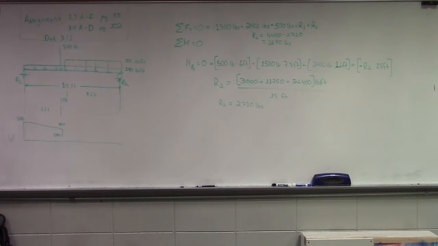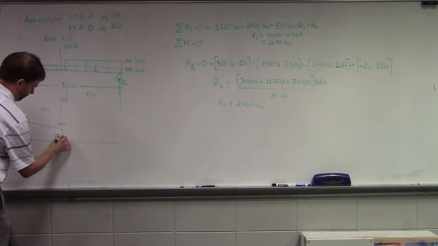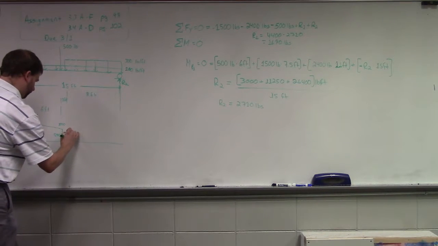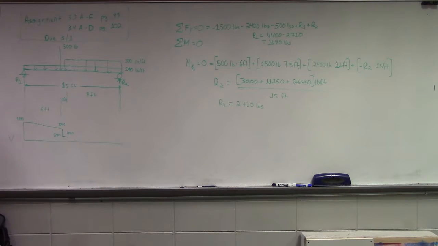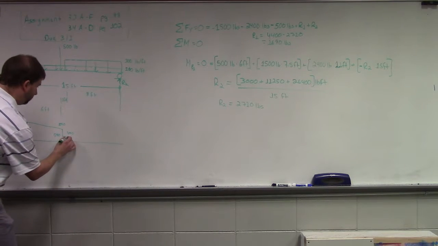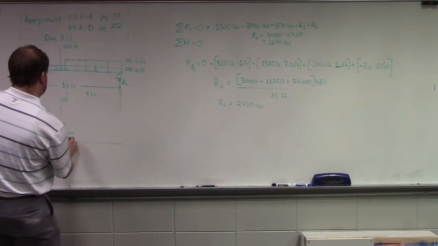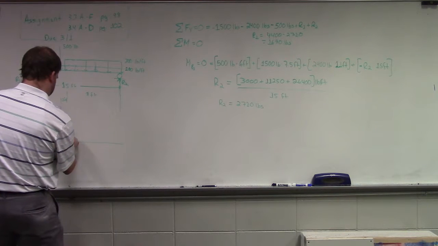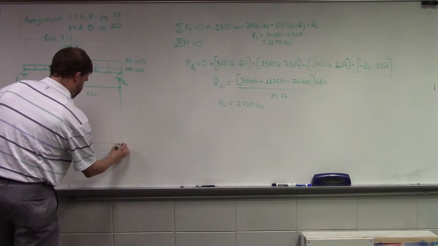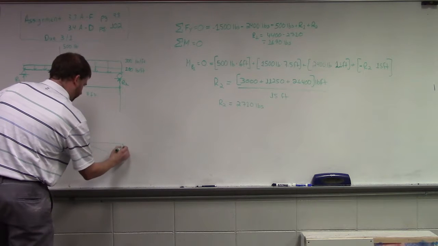Then what is it going to do for the next foot? It's going to drop 100. Then what does it do? It drops 400, because we're still dropping 100, but then we also have our 300-pound force.